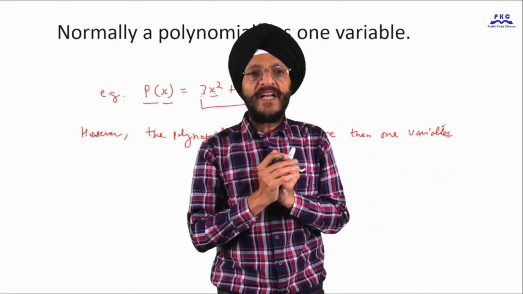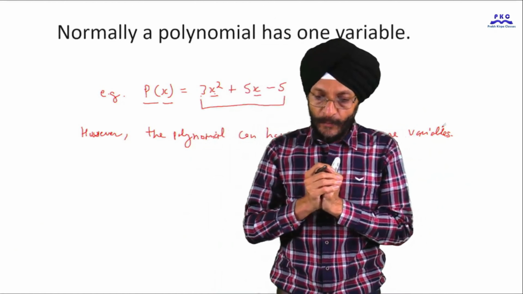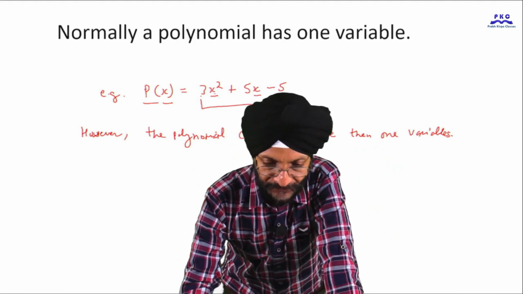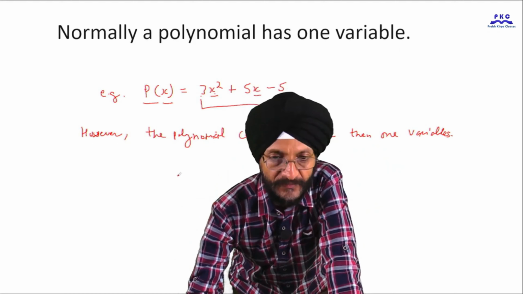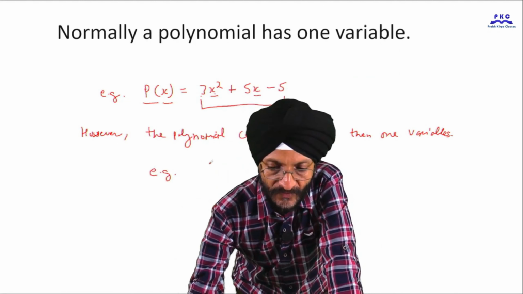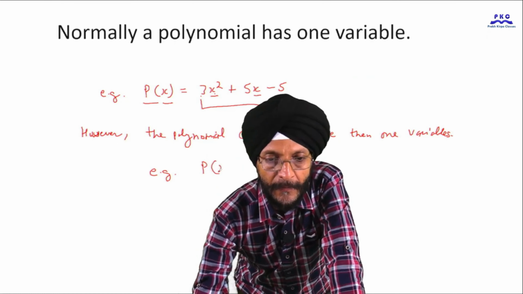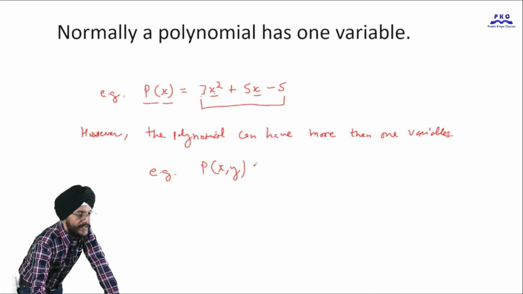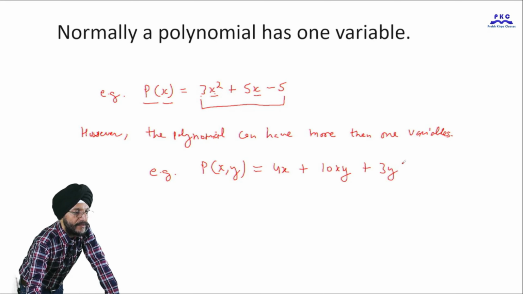There may be chances that the polynomial can have more than one variable or multiple variables. For example, we write p(x, y) is equal to 4x plus 10xy plus 3y square minus 6.